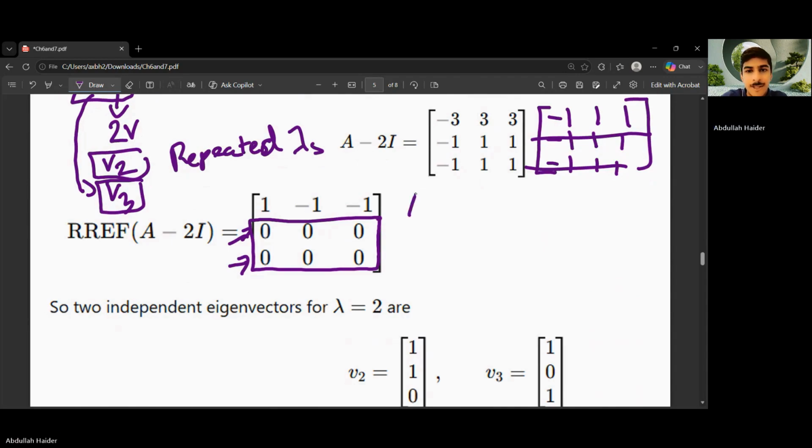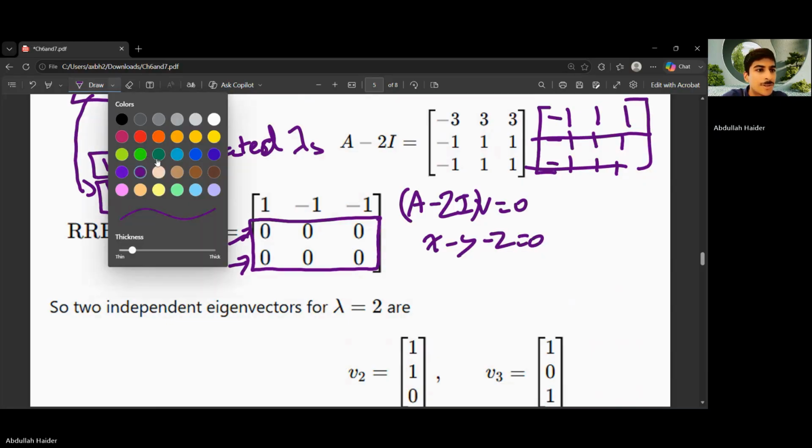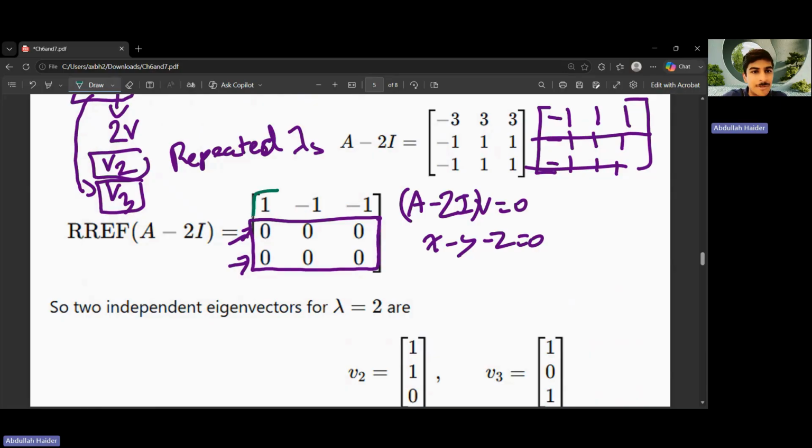And if I want to do (A minus 2I) multiplied by v equals 0, meaning x minus y minus z equals 0. Note that this is your only leading one. You don't have a leading one here, and you don't have a leading one here. Meaning, because of this column and this column, assume that y equals s, z equals t.